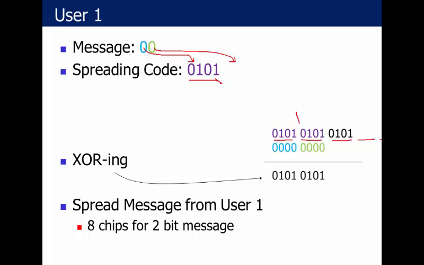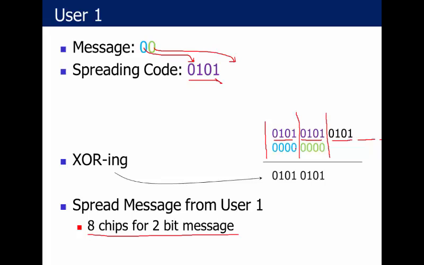So for one set of spreading code, another set of spreading code. See here, 4 chips to represent 1-bit data. In other words, 8 chips for a 2-bit message, for one user, for one source.